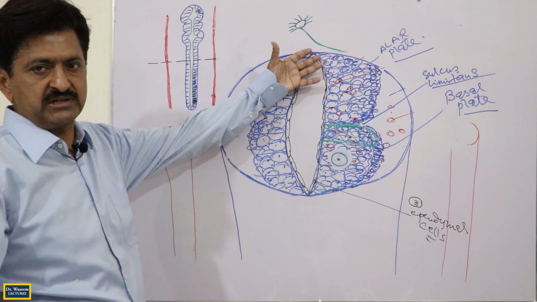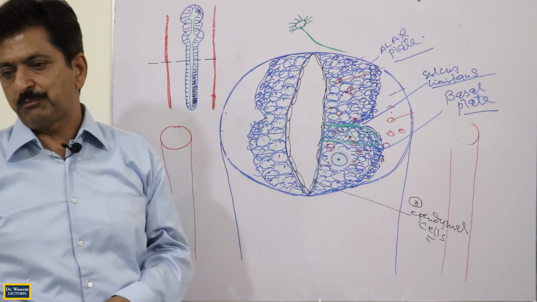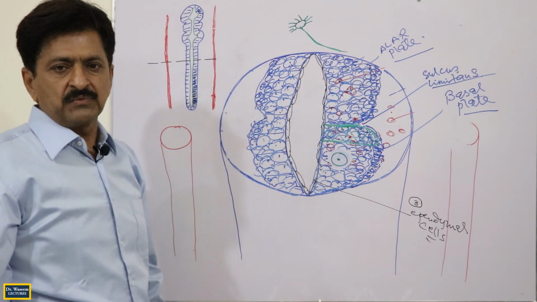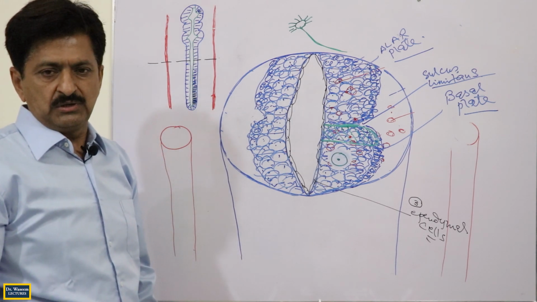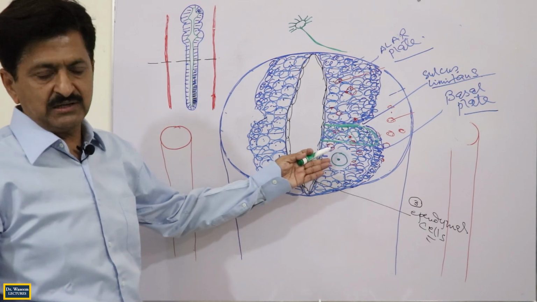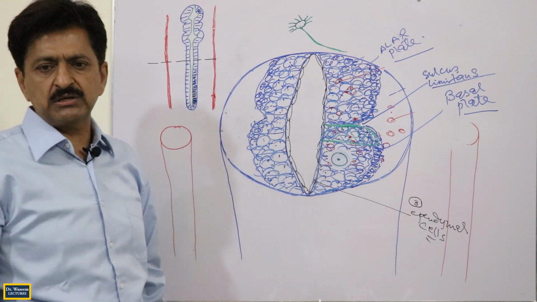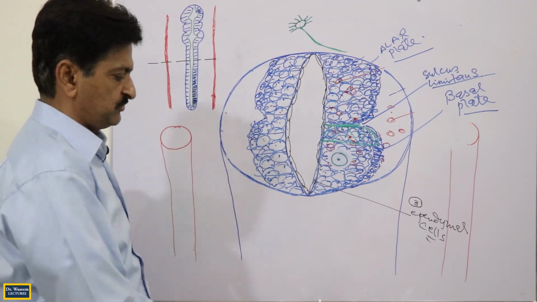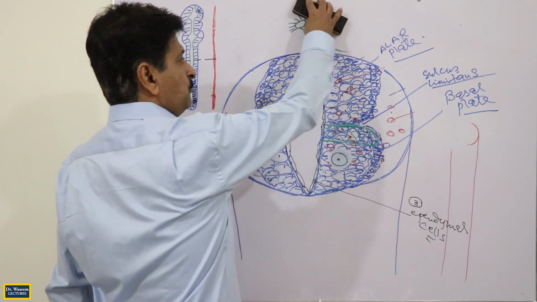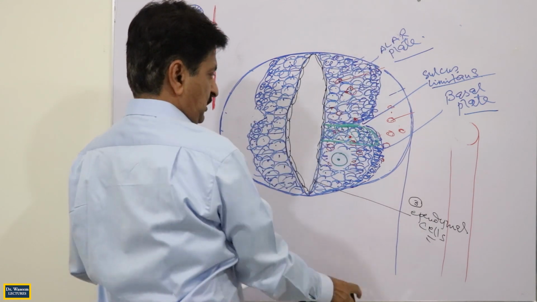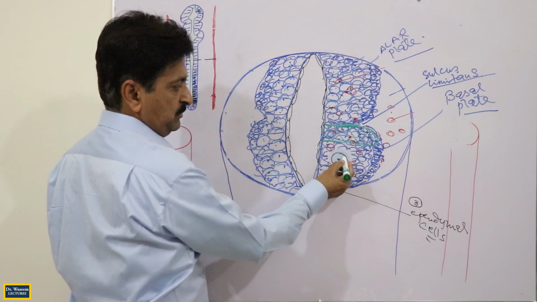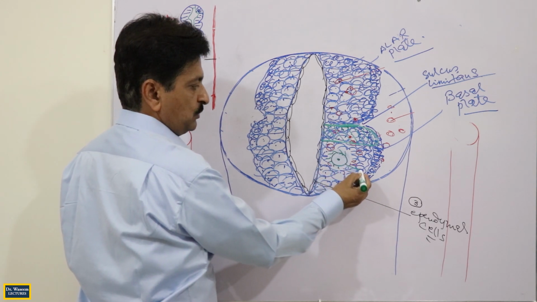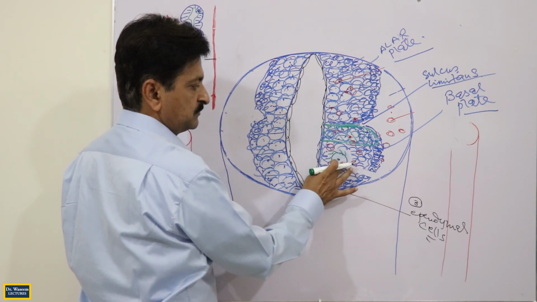Such neurons are called multipolar neurons, and these are the neurons which fill the central nervous system. The central nervous system almost always contains multipolar neurons, either sensory or motor. So consider this one motor neuron, these are dendrites, and this is the axon. Now watch the axon.